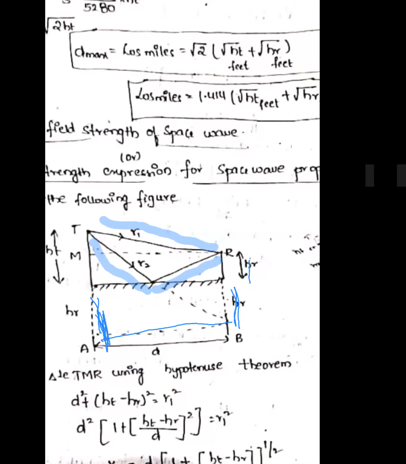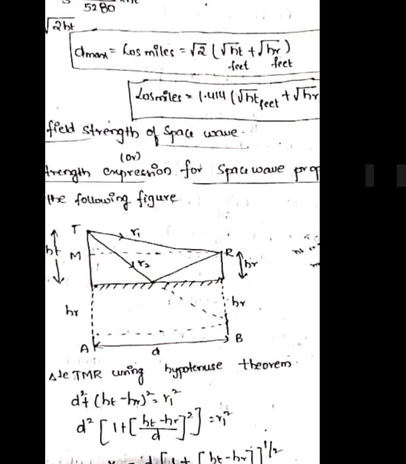See, this indirect path, I am joining it like this. There are two triangles here. If you can find out, there are two triangles here. One with respect to the direct ray, another one with respect to the indirect ray. I repeat, try to understand the figure. The figure consists of two triangles.